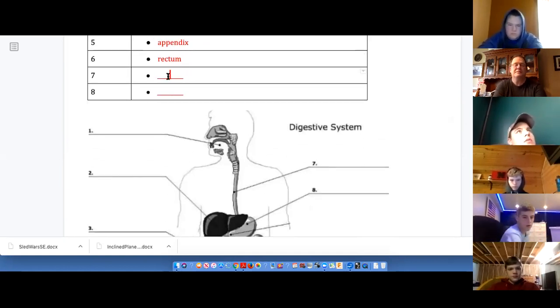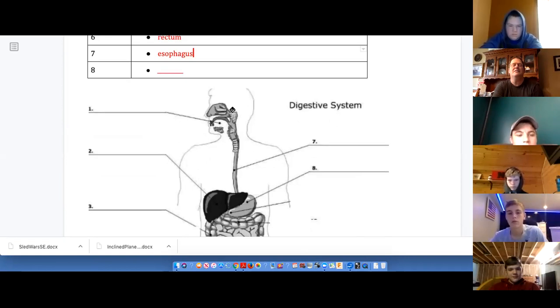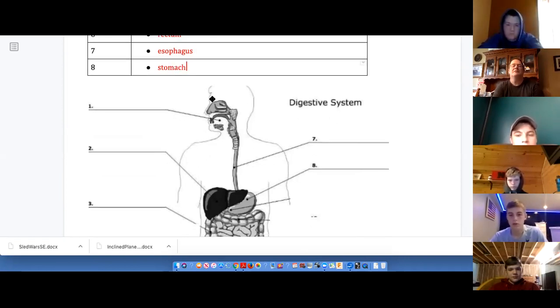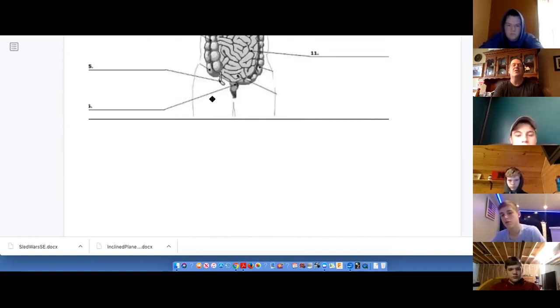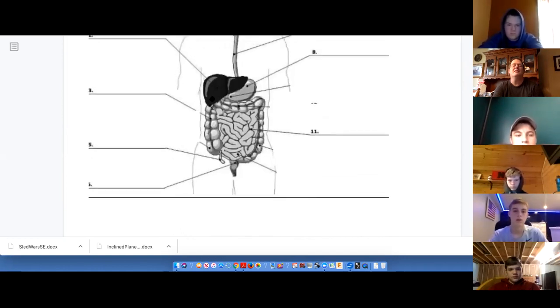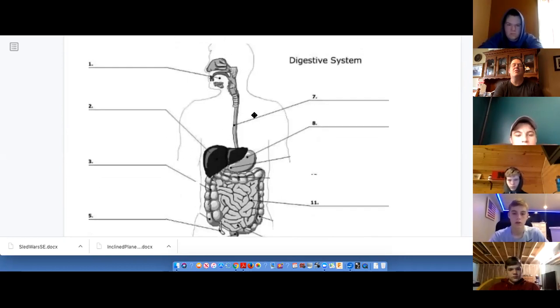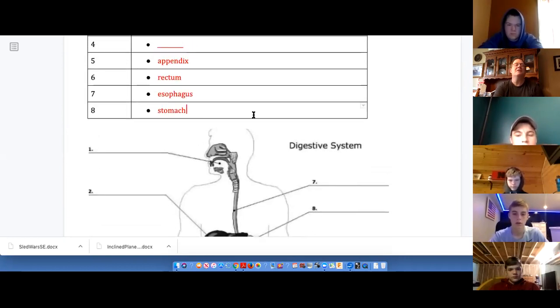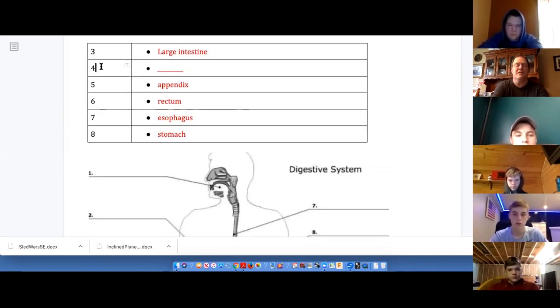Esophagus. 8. Stomach. All right. Oh, I don't have an 11. Well, let's leave that blank. The number 4 is now number 11, and that is our small intestine.